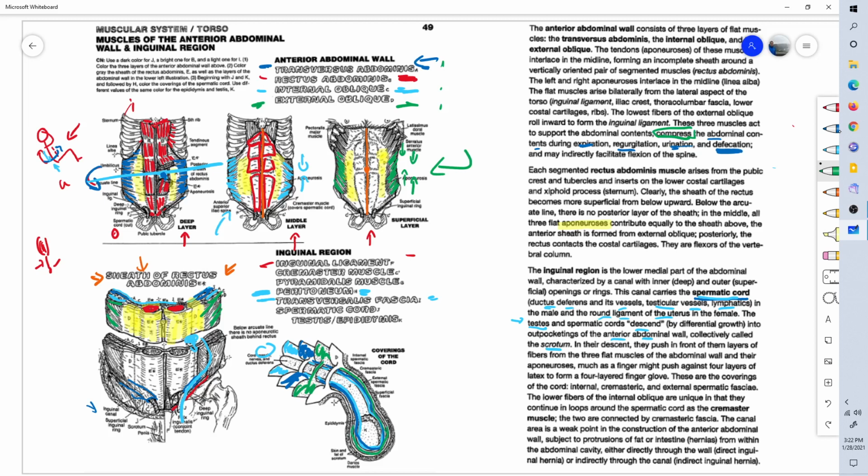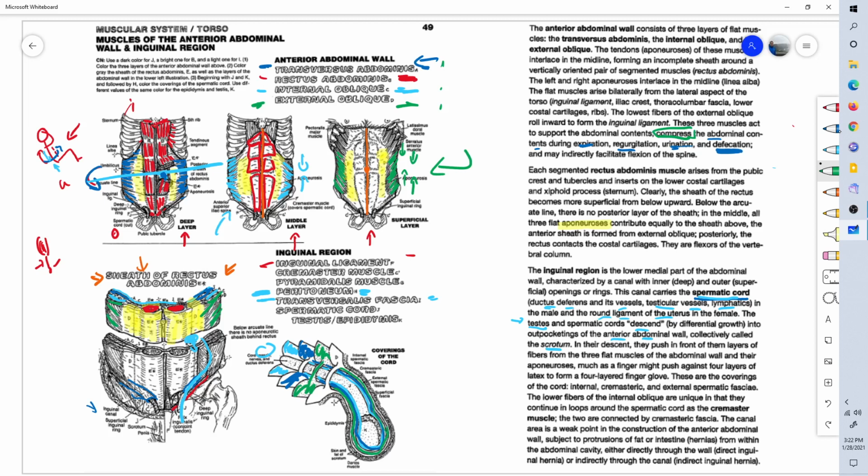It's like pushing through a layer of a glove. Let's say you were to push through 4 layers of medical gloves. The 4 layers would surround your fingers.